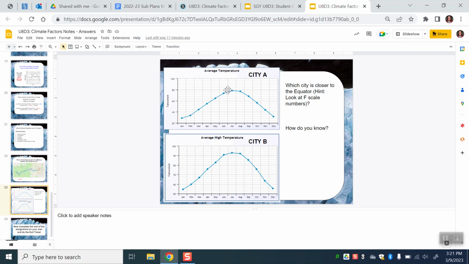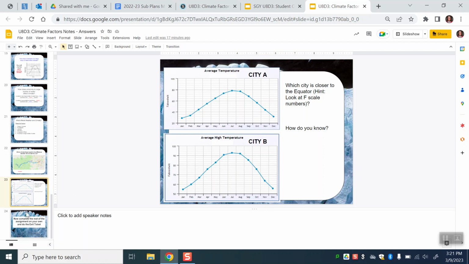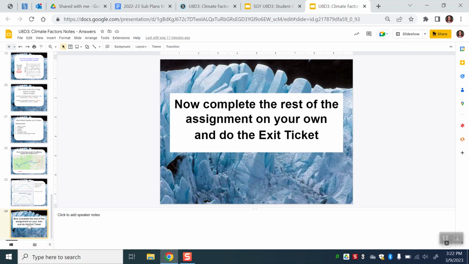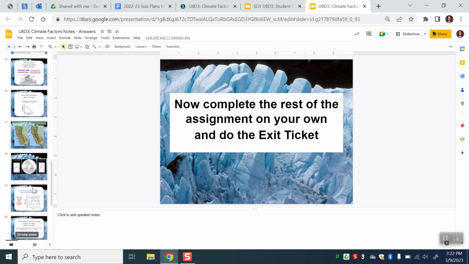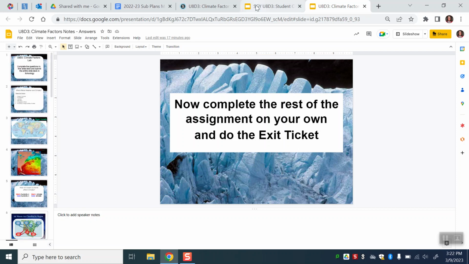So this one, the top in July is about 80 degrees, whereas here in July, we're looking at north of 90 degrees. So this one's quite a bit warmer. So if I had to choose which one of these is closer to the equator, definitely city B. So you'll have a series of those questions. Think about your different climate factors, and you can go in and complete the rest of this assignment on your own.